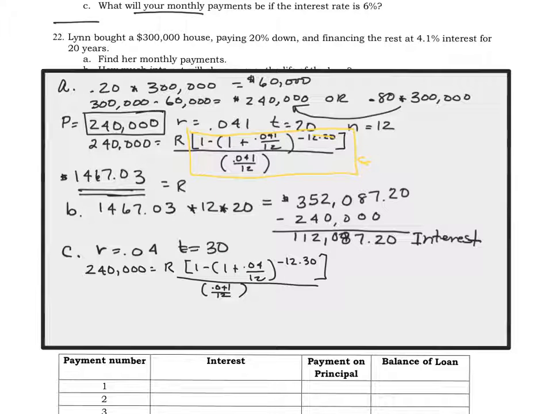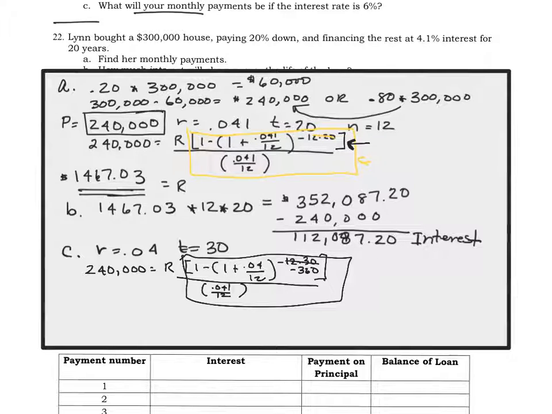Okay, a couple of things. I noticed that when I was writing my formula here, I realized I had forgotten my bracket there. So if you were having trouble with the previous problem, that may have been what happened to you. So in this case, negative 12 times 30 gives me my negative 360. And as always, we figure out what this amount is.